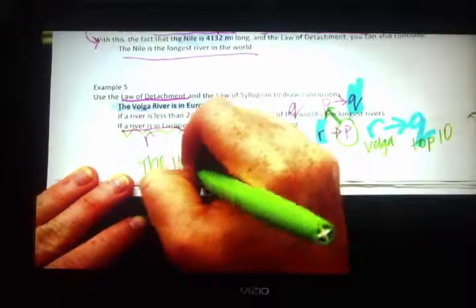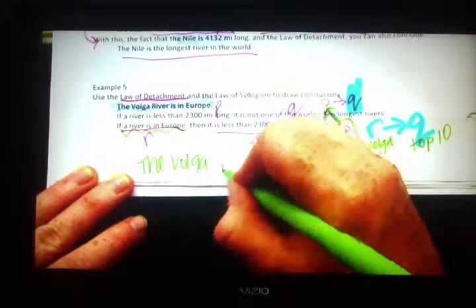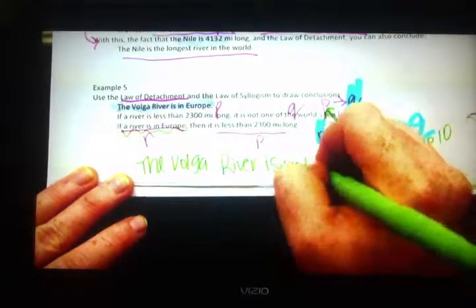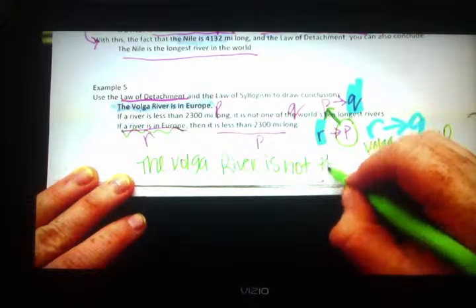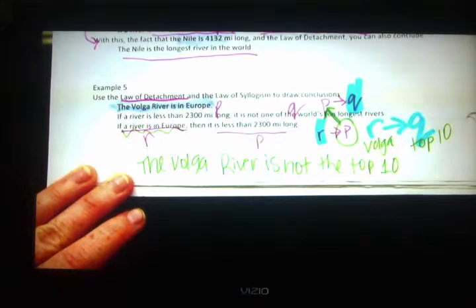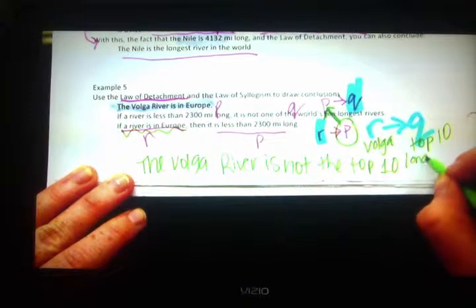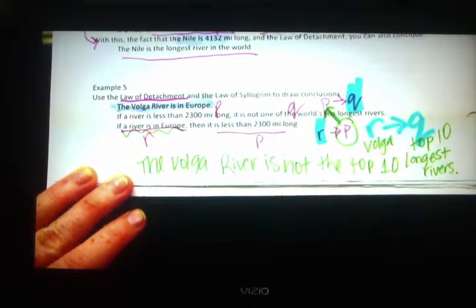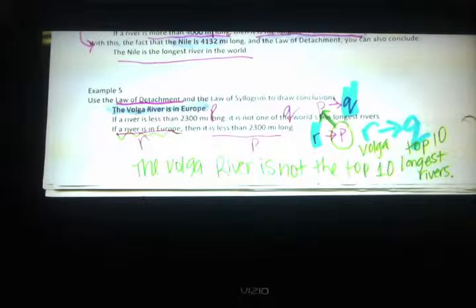The Volga River is not one of the top 10 longest rivers in the world. Okay, so that's your law of detachment and law of syllogism put together.